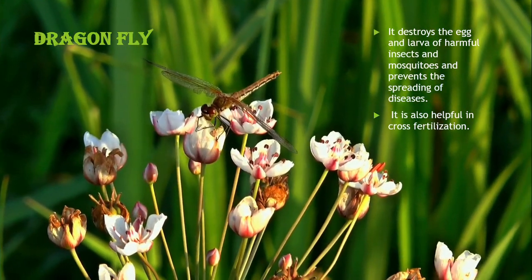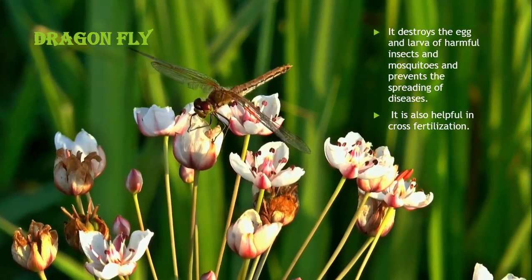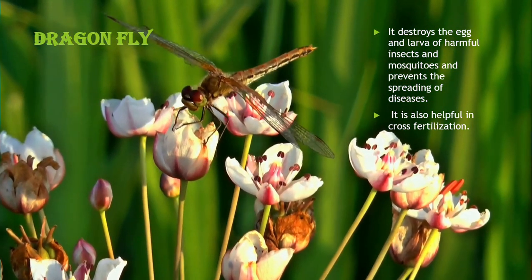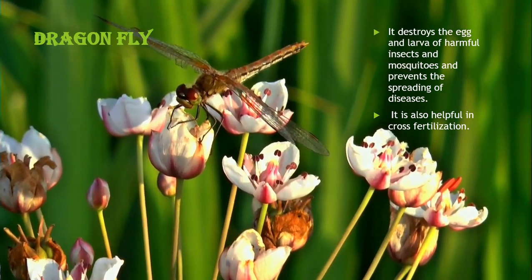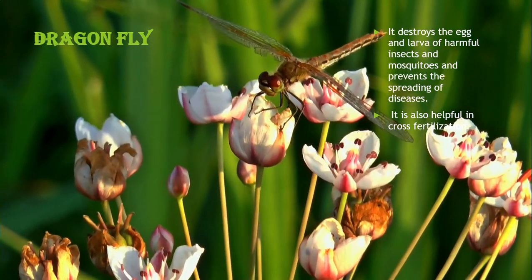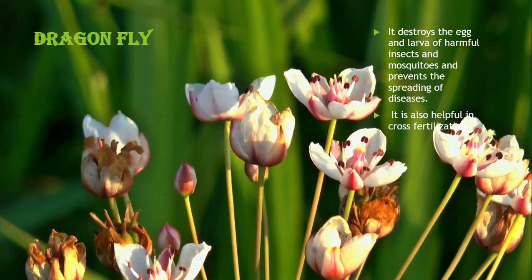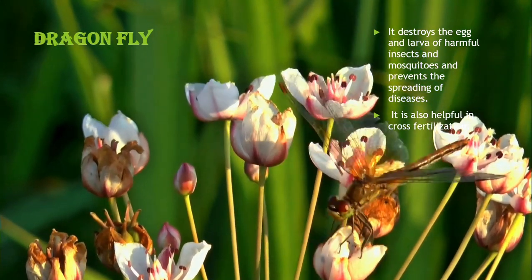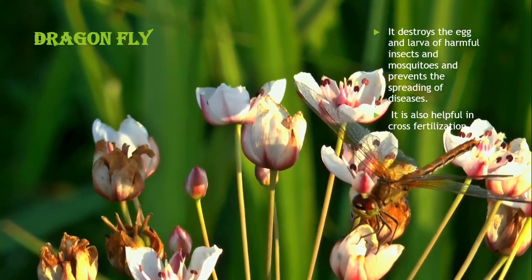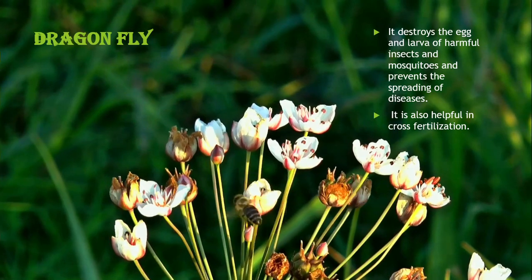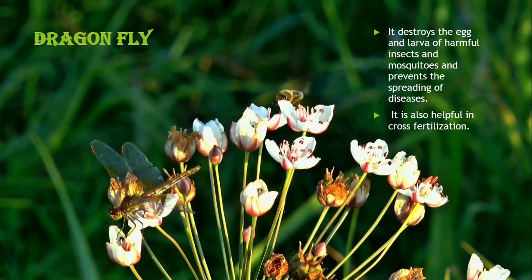When I was a kid, I could see tons of dragonflies in the rainy season. We used to play with them. Dragonfly is also helpful in cross-pollination as it sits on the flowers. Pollen grains are attached to their legs and that is how cross-pollination happens.